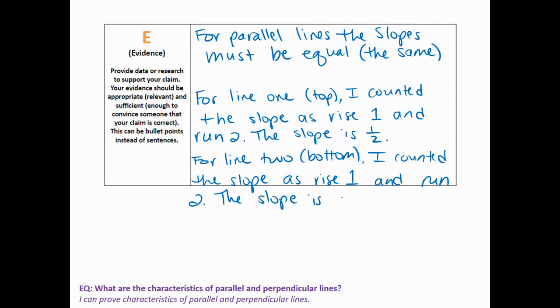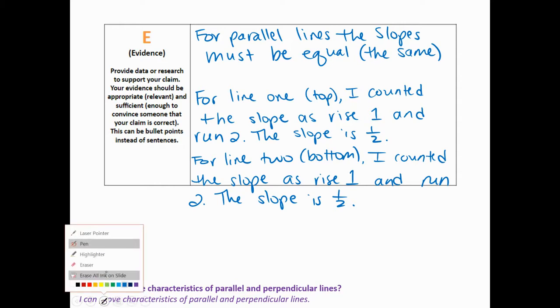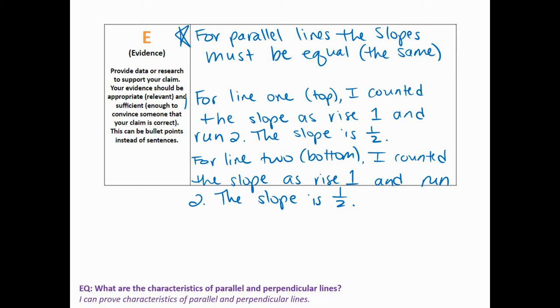The slope is 1/2. All right, so that gives us our evidence. This is our information, what we're going to base our final response on. So we know that parallel lines need the same slope, and we have counted the slope for each line. So those are kind of our 3 main points.